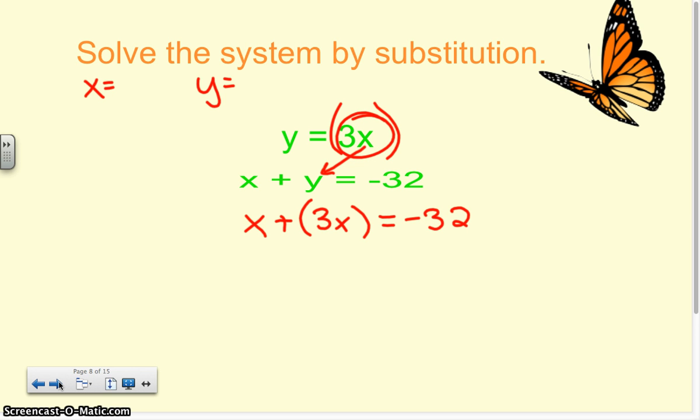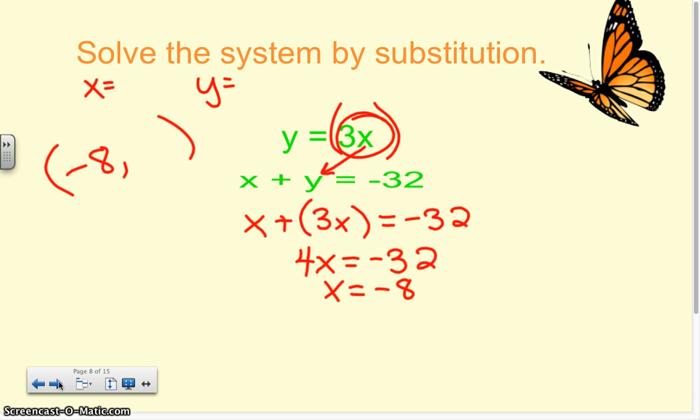Now I'm going to solve. 1x plus 3 of them is 4 x's is equal to a negative 32. X is a negative 8. Again, a solution is a point of intersection. Now to get my y, I plug this back where I started.